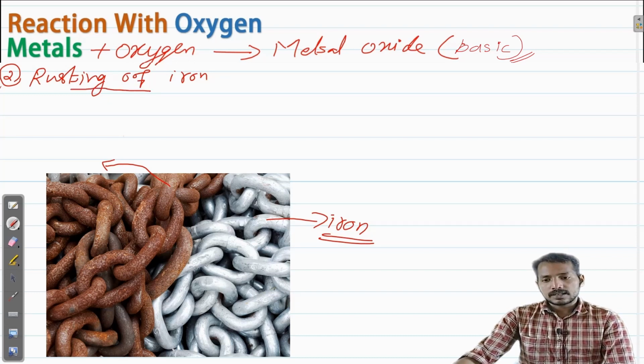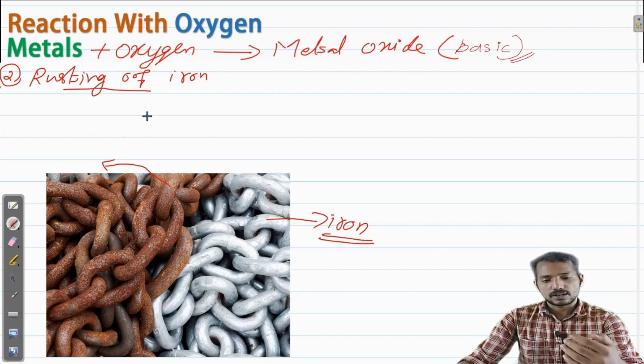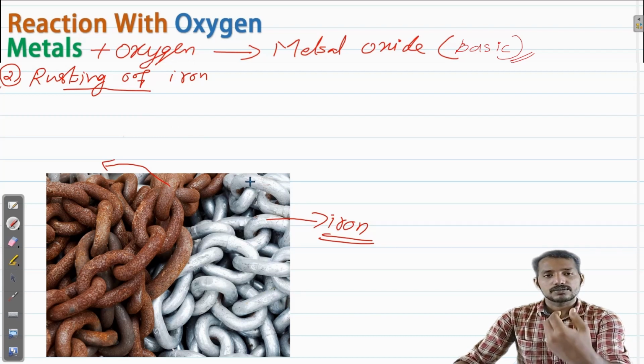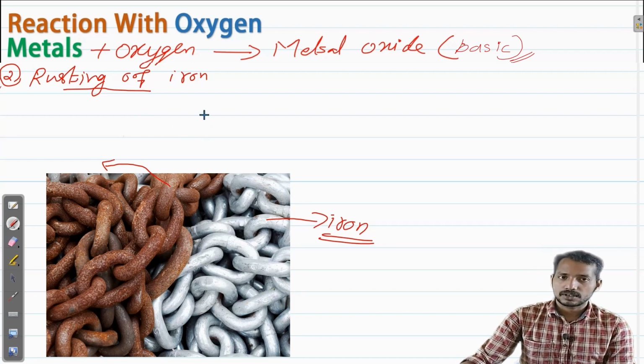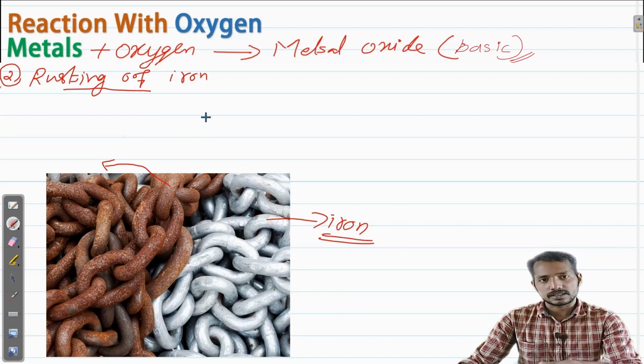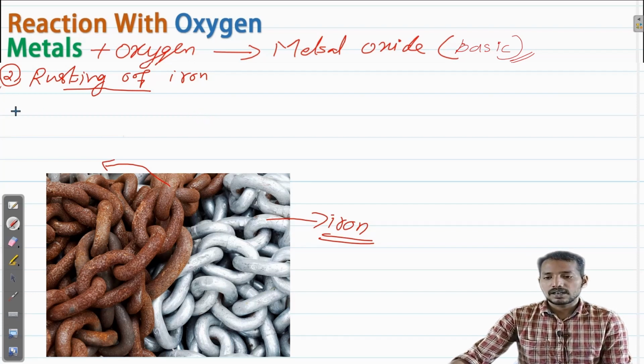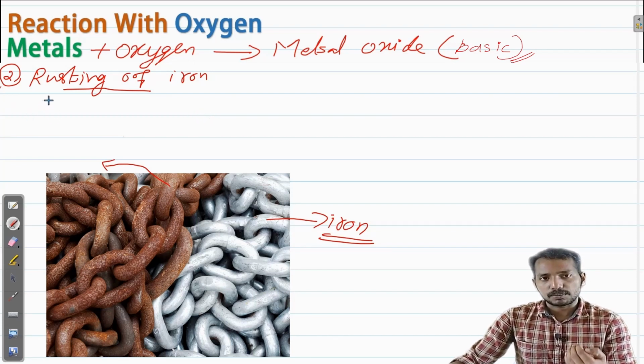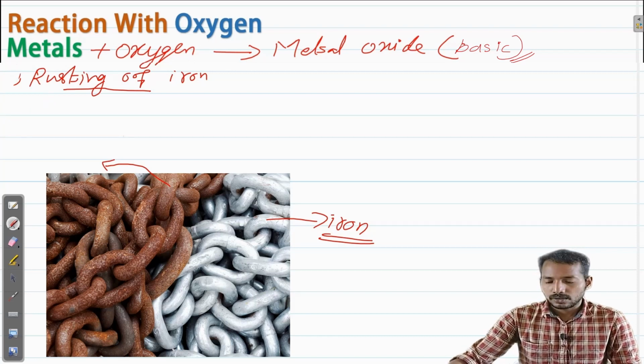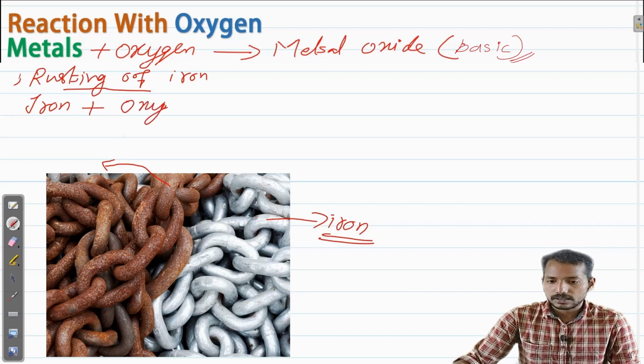Here, rusting is actually a reaction of this iron or metal with the oxygen present in the atmosphere. The difference between rusting and burning is that rusting takes place in the presence of moisture. We can write the chemical equation as iron plus oxygen gives iron oxide.